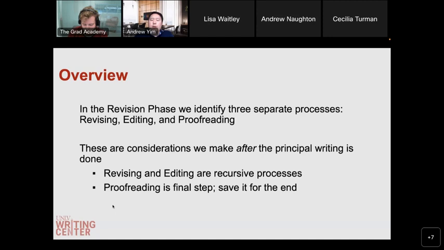When you revise your paper and when you edit it, and I'll define those terms in a little bit, they're going to build on each other from when you start your paper to the very end of the process. One thing we also want to note is proofreading. If you're going to submit a final draft, or submit something for a deadline, you want to save proofreading for the very end. And we'll talk more about what that looks like in a bit.